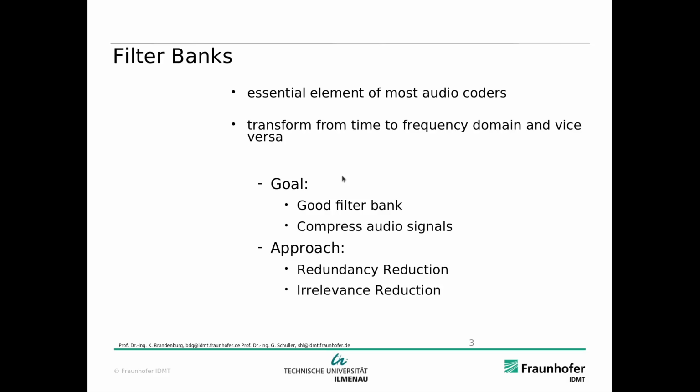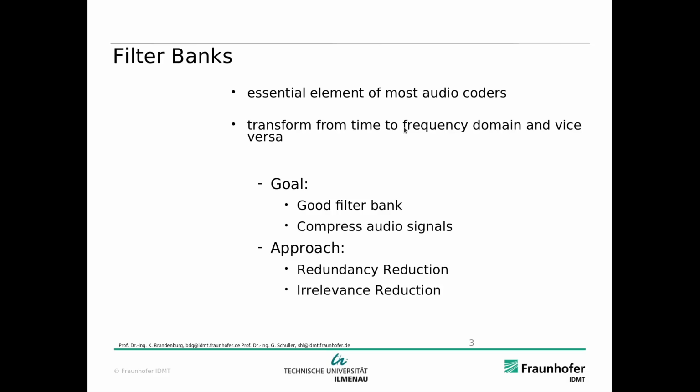So let's start. So filter banks, as we just saw, are an essential element of most audio coders. And it does a transform from time to frequency domain and vice versa. So here, time domain is the audio signal. And then frequency domain refers to the subbands, right? So we have many subbands with different center frequencies.